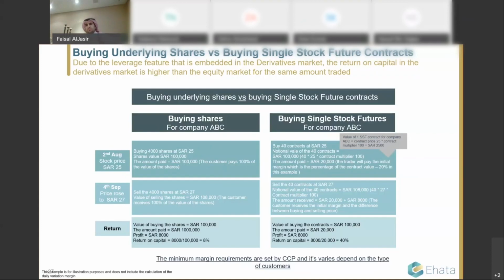So basically, you made the same 8,000, and of course you received your initial margin back, which is what you invested, 20,000. There's no need for it now. From a return on capital perspective, you put in 20,000 and you got 8,000, and that's a 40% return on capital compared to an 8% return on capital.